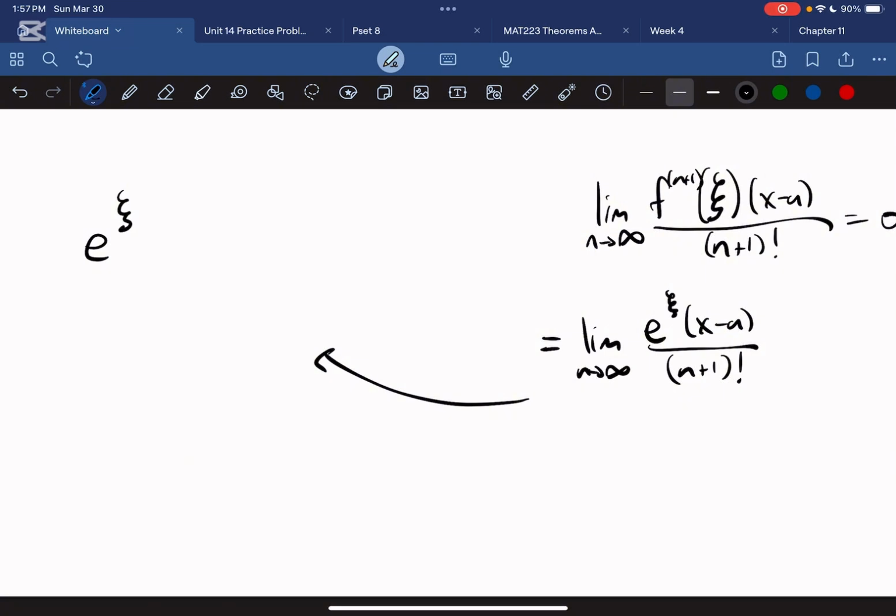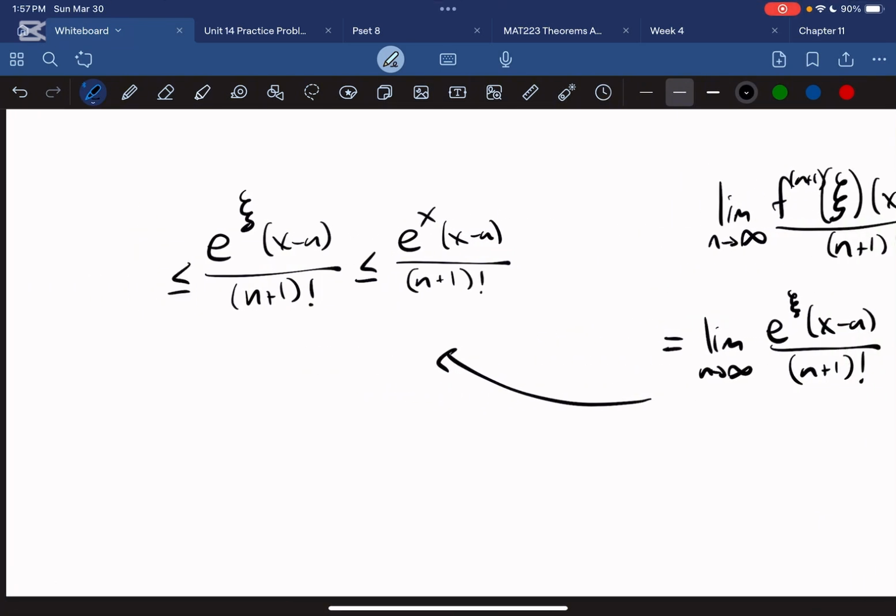We know e to the xi times (x minus a) over n plus 1 factorial has to be less than or equal to e to the x times (x minus a) over n plus 1 factorial. And this has to be greater than or equal to e to the a times (x minus a) over n plus 1 factorial.